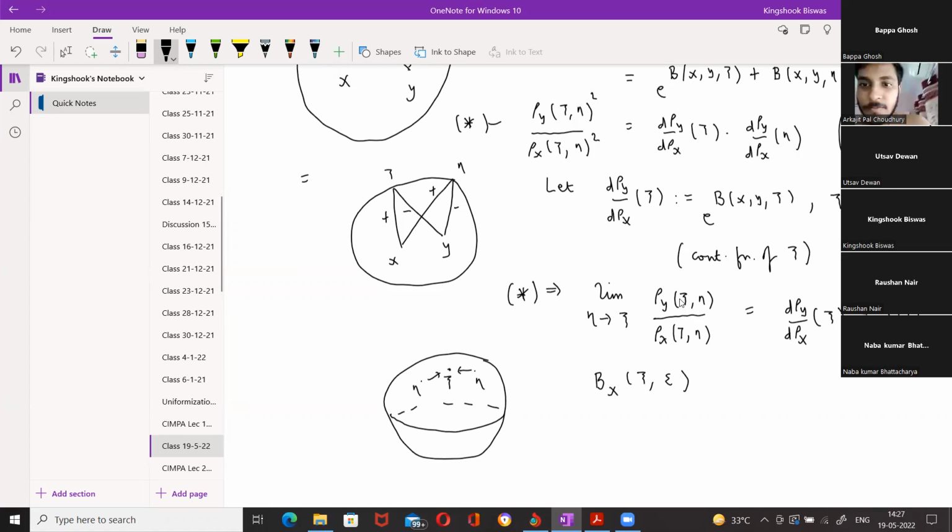So then the rho y distance will be approximately lambda epsilon, right? So this B_x(xi, epsilon) is close to B_y(xi, lambda epsilon), right? Is this clear?